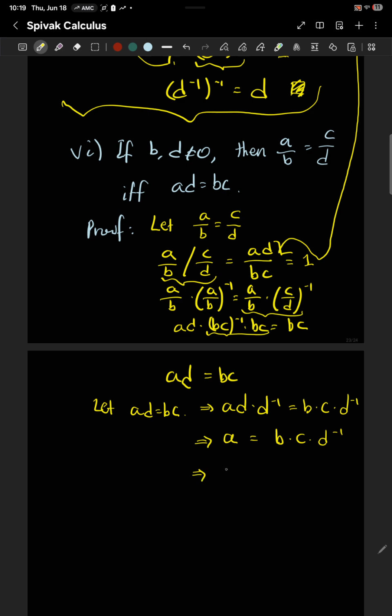Now A times B inverse is equal to B, C, D inverse times B inverse. So A over B is equal to, I don't really like to say remove something, but by the commutative law we can switch this around to understand that B times B inverse is equal to 1. So what remains is C times D inverse, which is C over D.